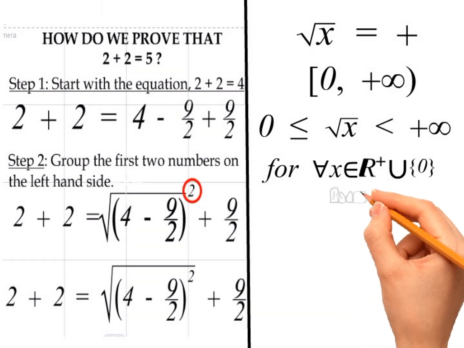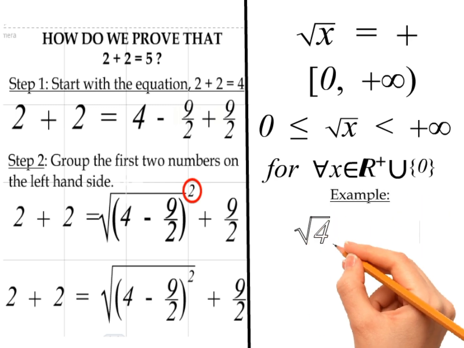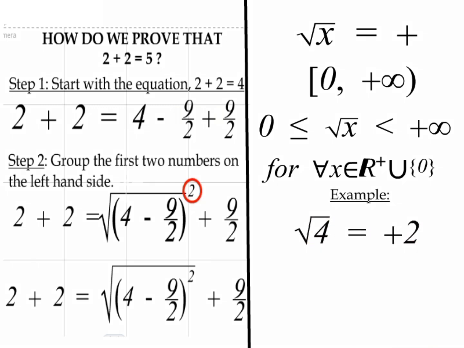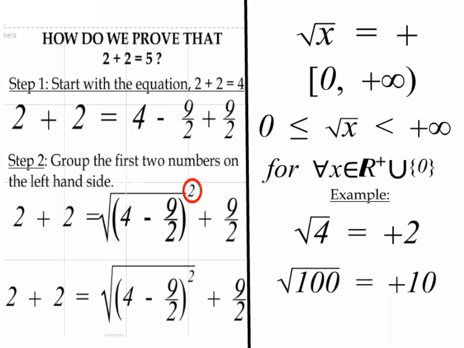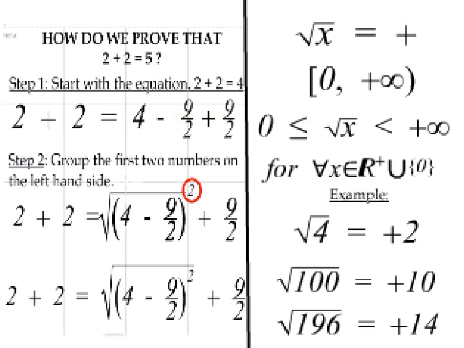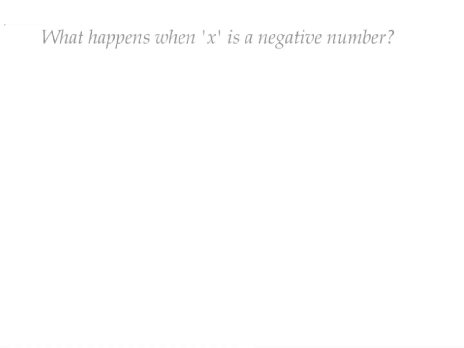Example: the square root of 4 is equal to plus 2. The square root of 100 is equal to plus 10. The square root of 196 is equal to plus 14. These affirm that the square root of a positive real number is always positive.